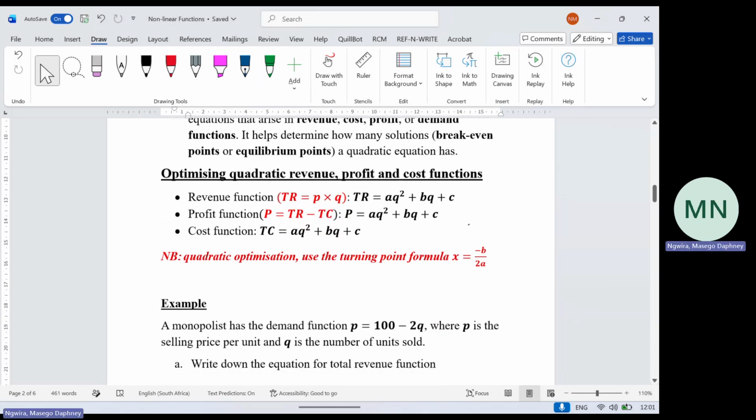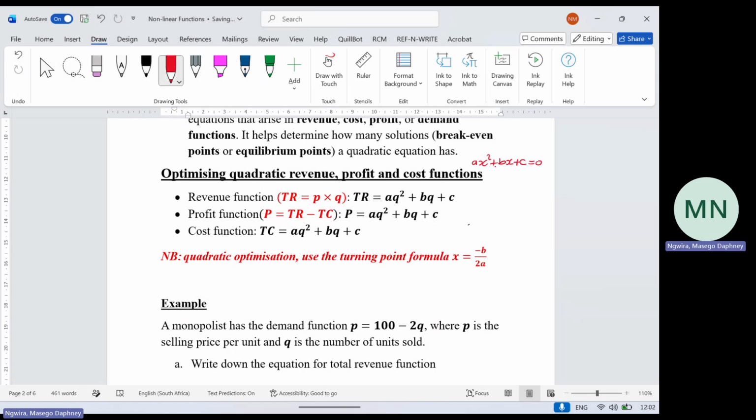Now in economics, this is what happens. The revenue function is going to change. TR is equal to aQ squared plus bQ plus c. I just changed my quadratic formula; the only thing that I changed is the Q. Remember we said that the quadratic function looks like ax squared plus bx plus c equals 0.